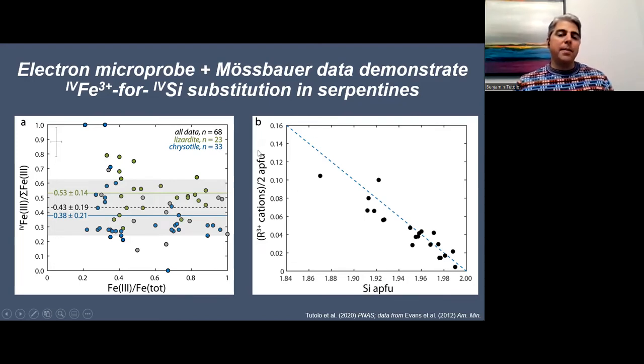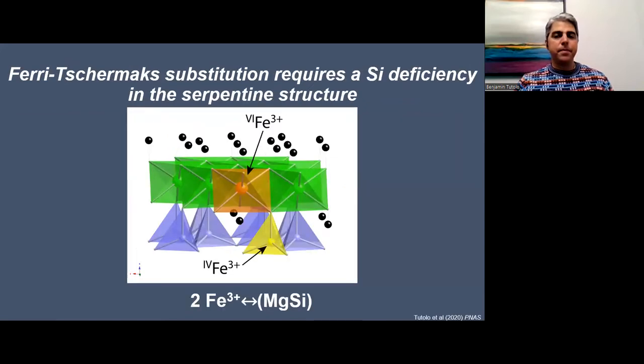What does that mean? That means in order to generate oxidized iron, we must be incorporating less silicon in the serpentine structure. And that has strong implications for what the activity of silica in aqueous solutions will do to the hydrogen generation potential of serpentinizing systems.